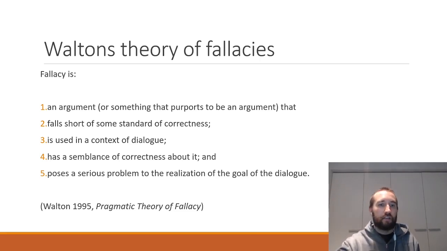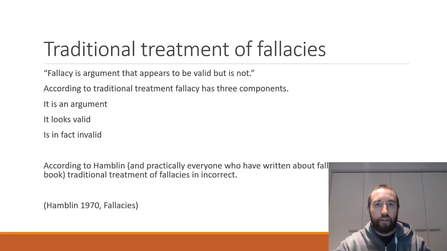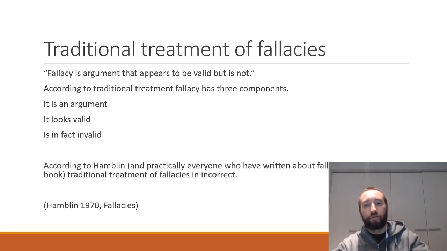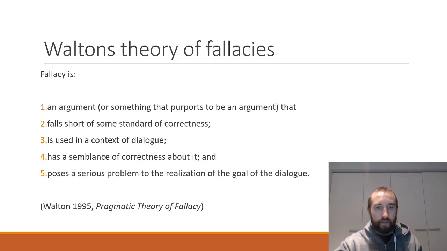And I forgot to mention that Hamblin's 1970 book called Fallacies is what I'm referring to here, and here I'm referring to the Walton 95 book Pragmatic Theory of Fallacies.